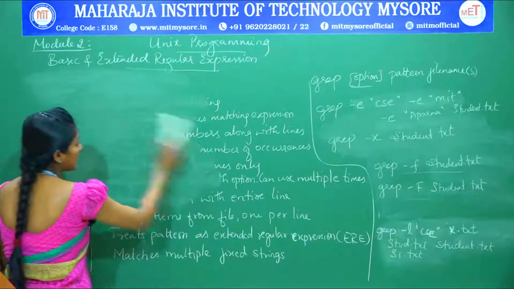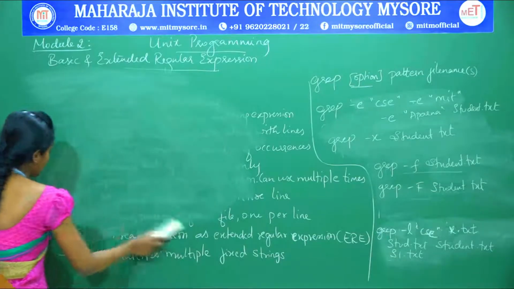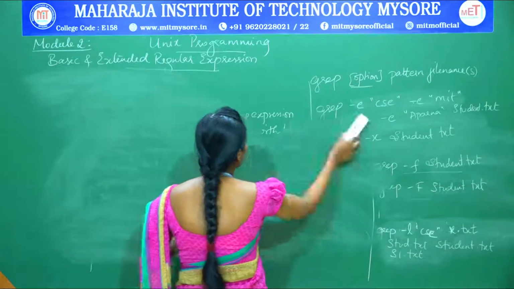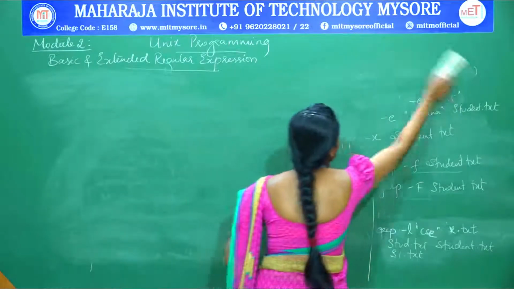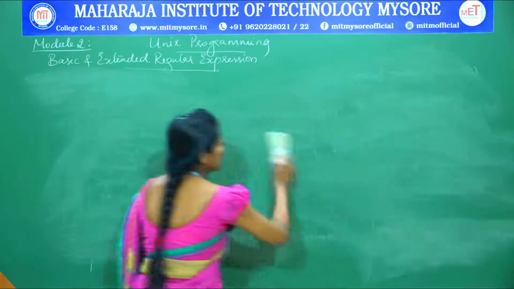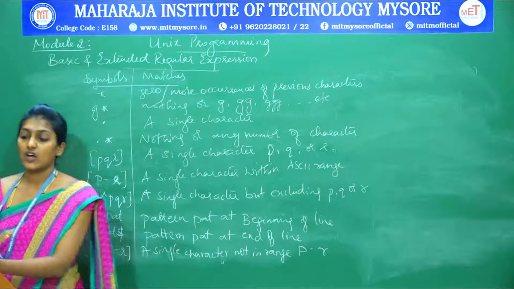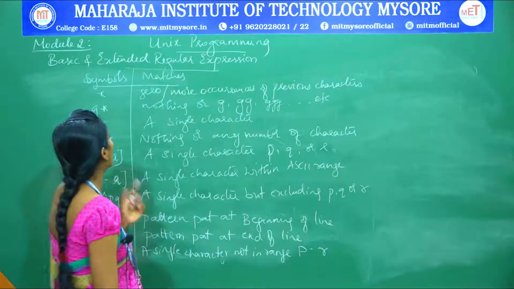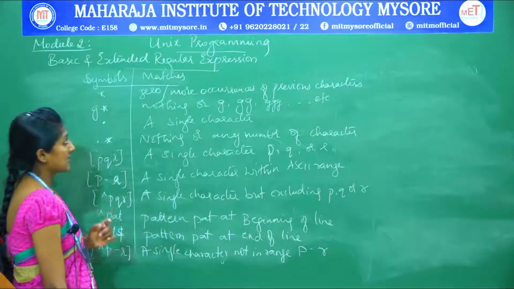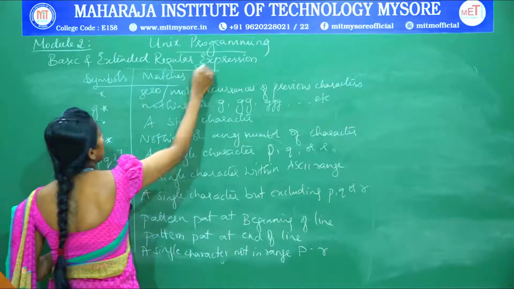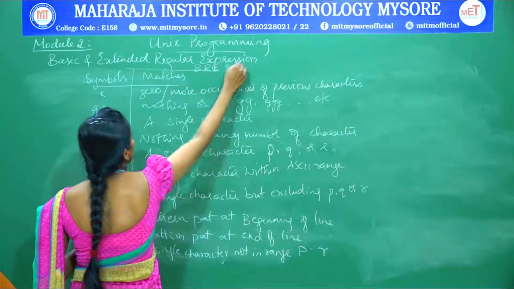After understanding the basic grep options, we will discuss how we are going to use this basic regular expression with the grep command. The next concept within the basic and extended regular expressions is knowing about the basic, that is, the BRE set.